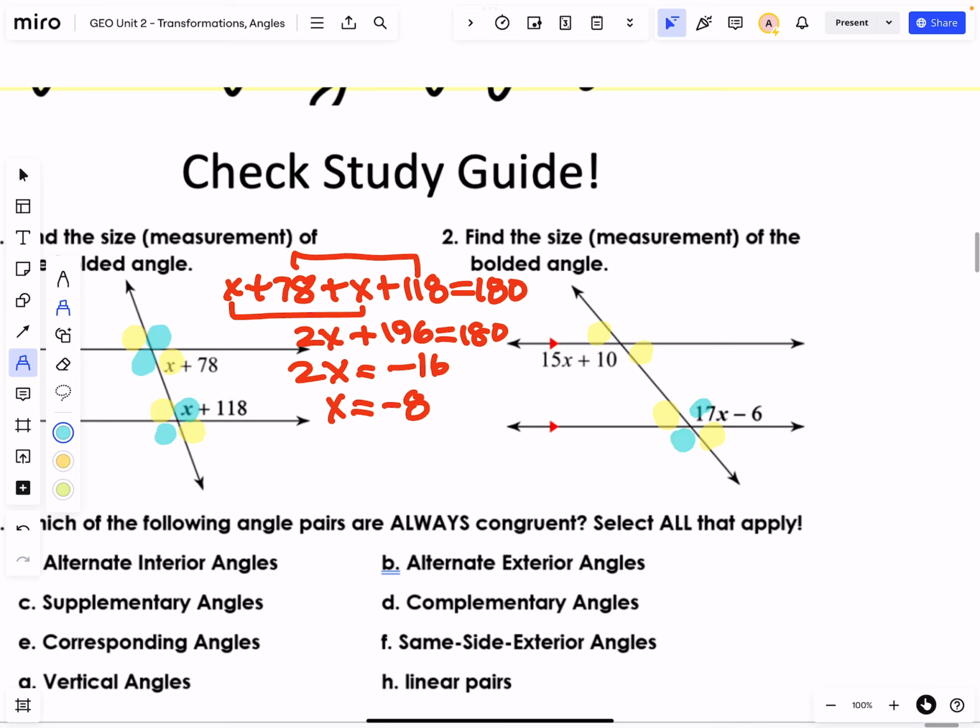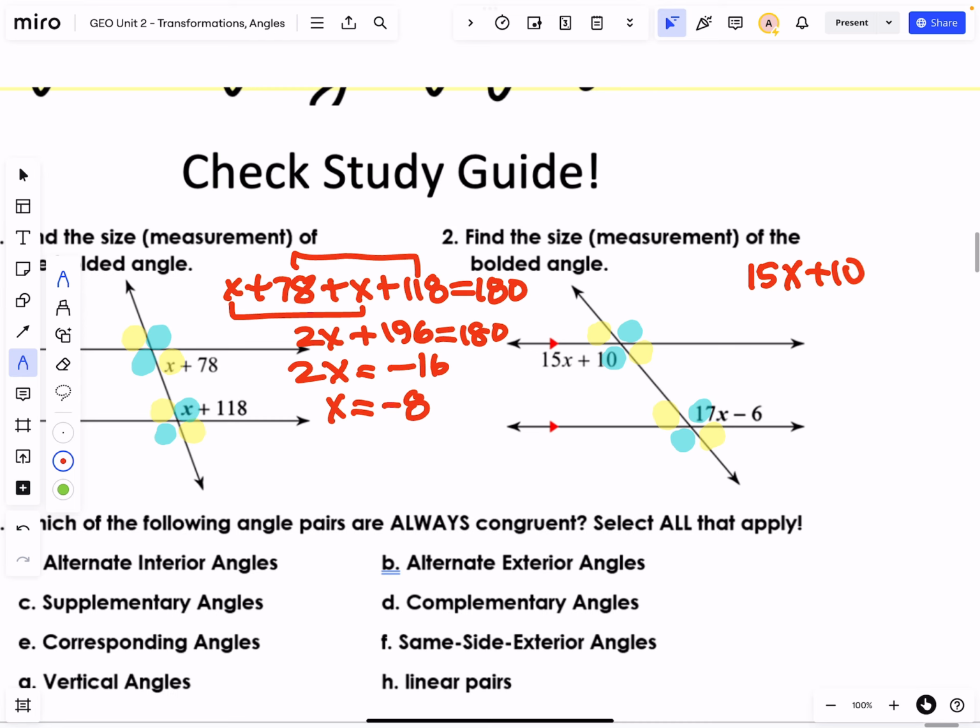These 4 are all also the same, but they're different. So you have 4 angles that are the yellow measurement, 4 angles that are the blue measurement. Now, if we're looking at the angles in question, they are both marked blue, which means they are both congruent. So we're just going to set them equal to each other.